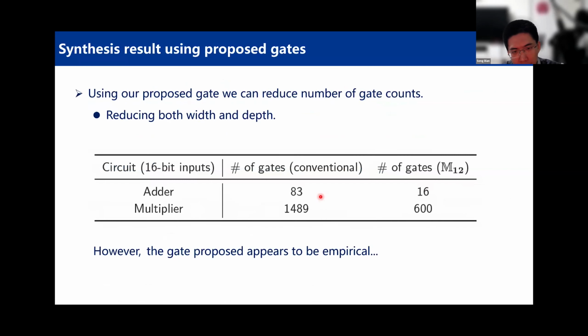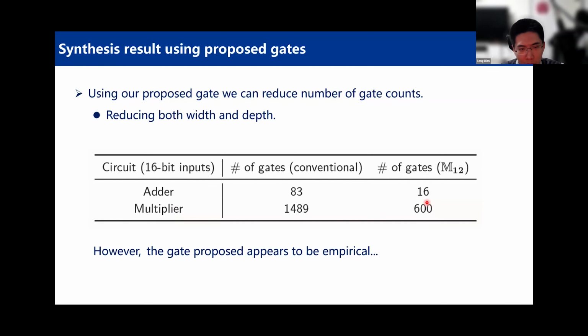So what we had is basically for a 16-bit multiplier, we can run 2 times faster, and for adder we can run around 5 times faster in that work. But I think the problem we had is that it's kind of an empirical design. We're just trying to test and see if these gates can be run, and there was no methodology.